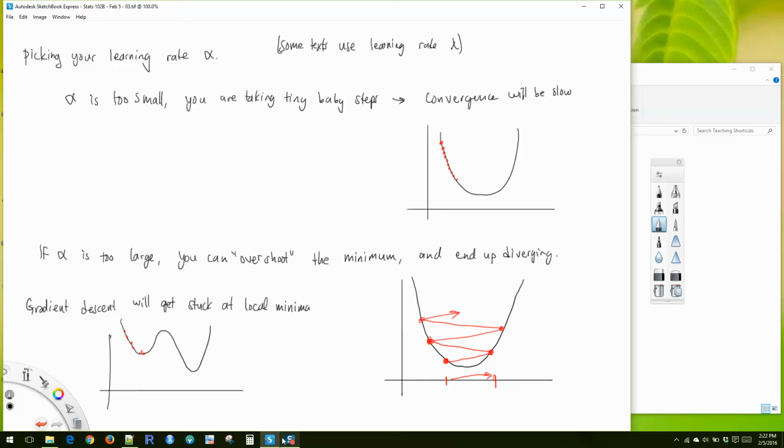So a lot of times people recommend having multiple starting points, just to see where things go, okay. So have multiple starting points because if you start over here, then you'll find this one, okay? And so if you have multiple starting points, you might end up converging in different locations, and then you can compare the values at those different places.